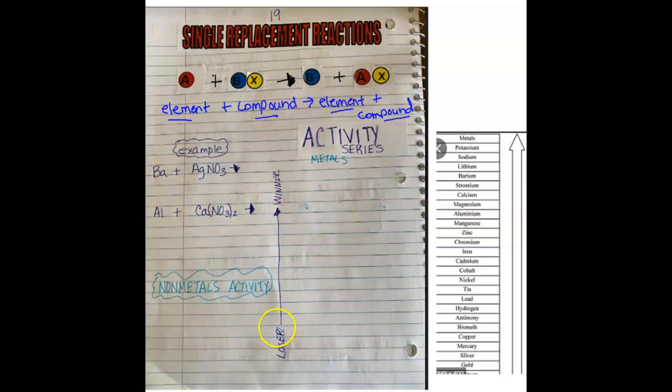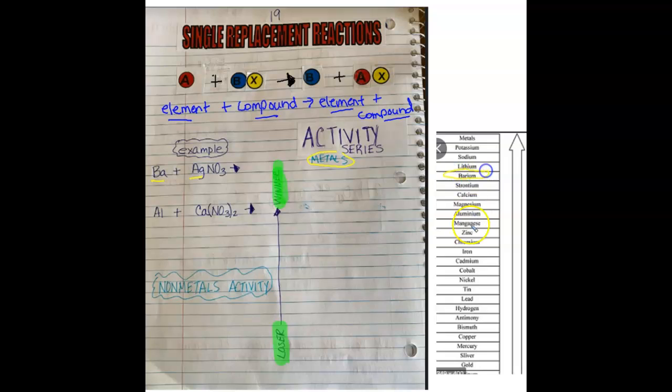But basically what we're looking at when we're doing this is who's the winner and who's the loser. And again, winners always can replace the losers. So the winners are at the top, the losers are at the bottom. So when I look at barium and silver, these are my two metals. Okay, pay attention. Those are my two metals. Nitrate is not a metal. Barium and silver. So I just come here and I find them.